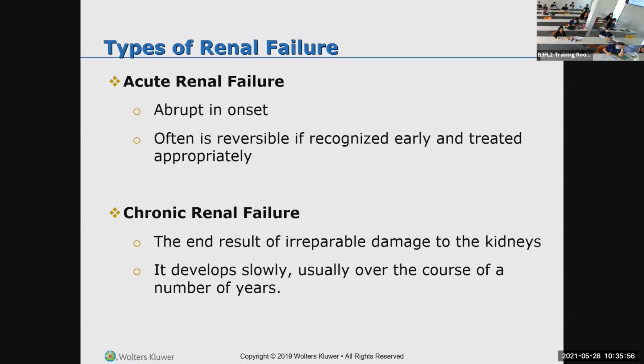Now, number two, chronic: the end result of irreparable damage to the kidney. Not possible to reverse, too late. It develops slowly, usually over the course of a number of years.